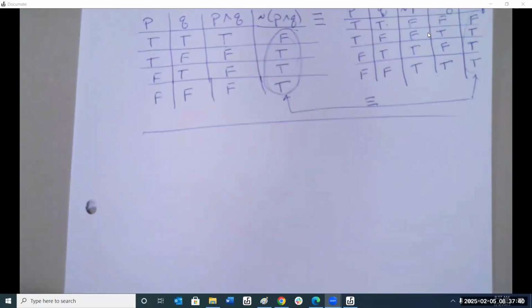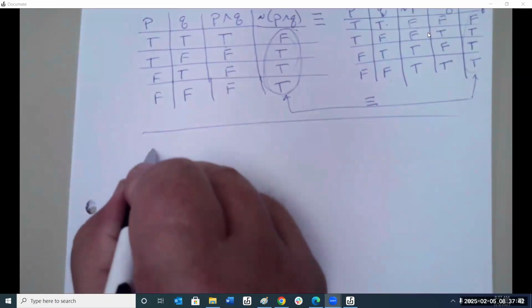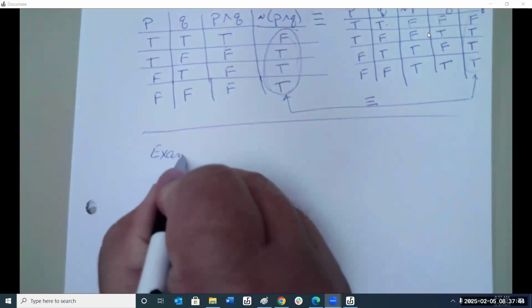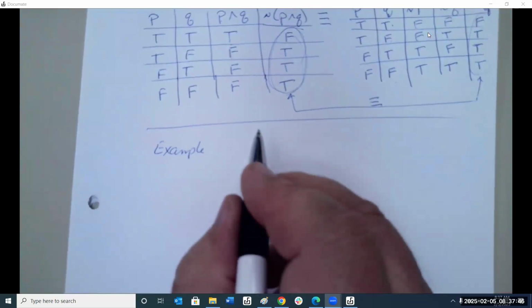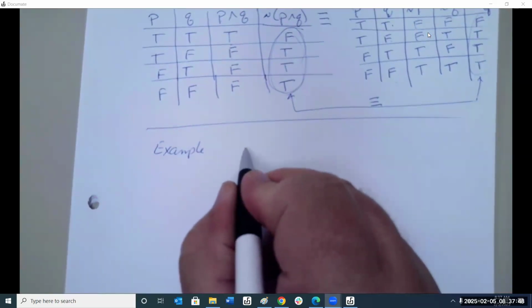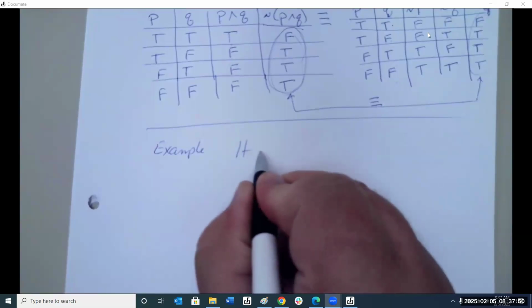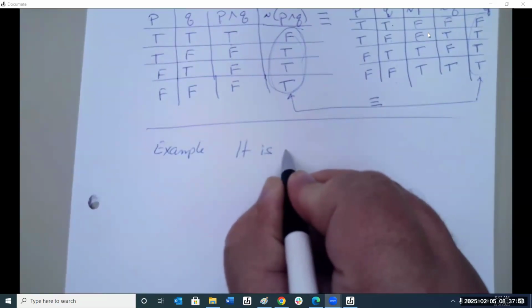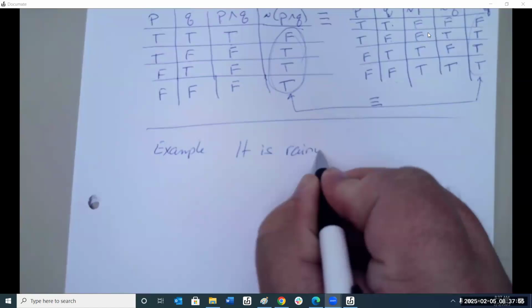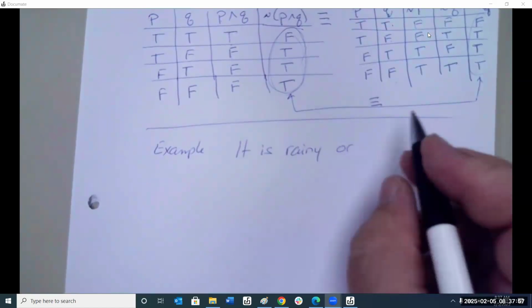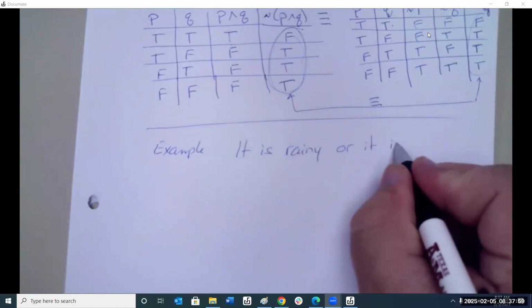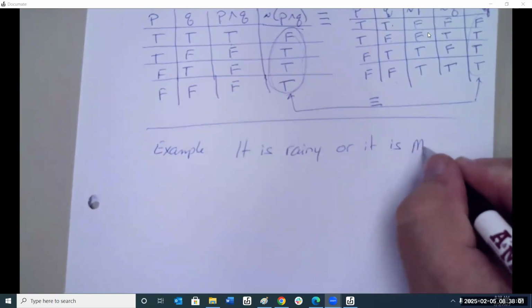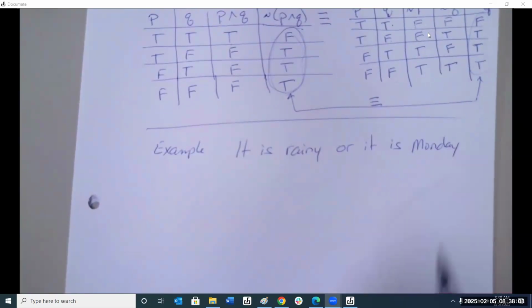Let's look at it. Here's how you would normally be getting an example. It is rainy or it is Monday.